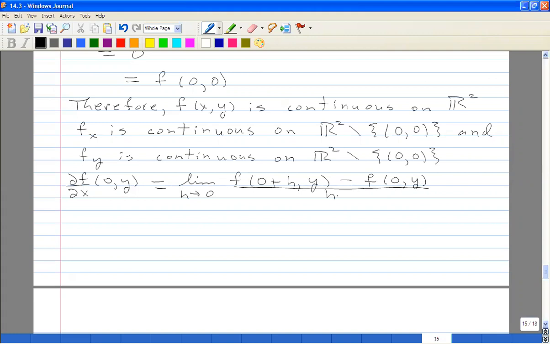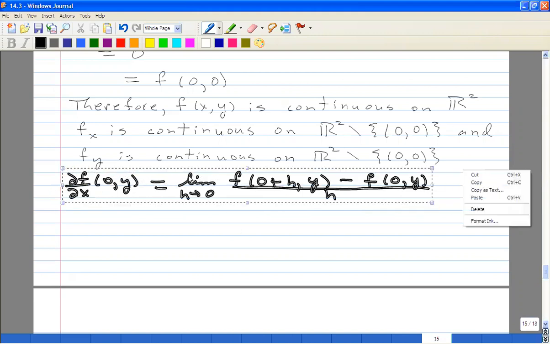Here I'm assuming that that y is not 0. Maybe I should state that initially.